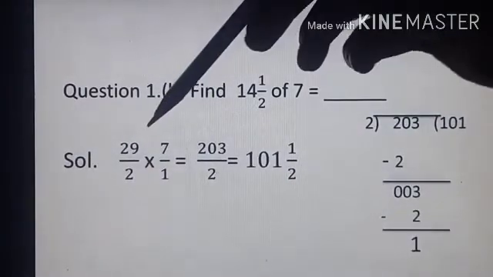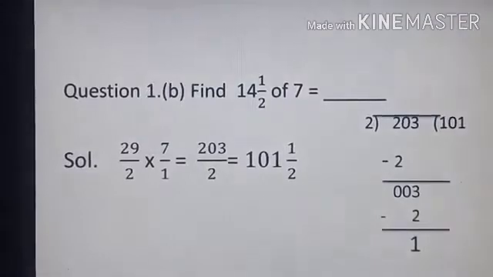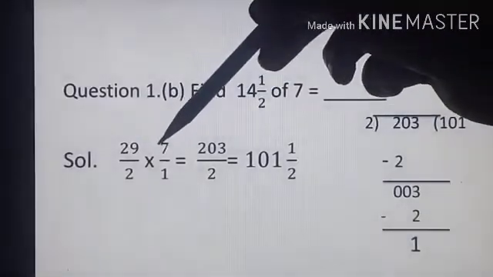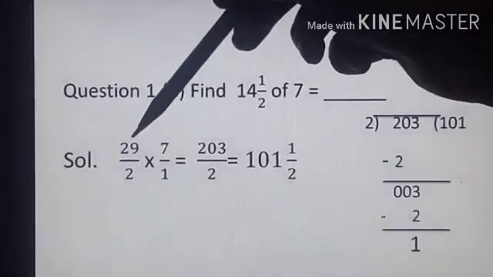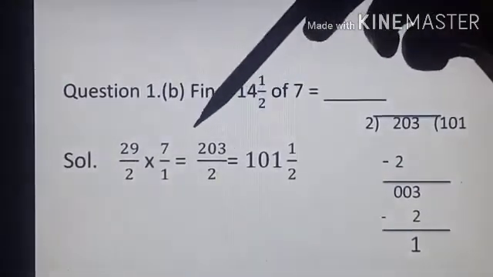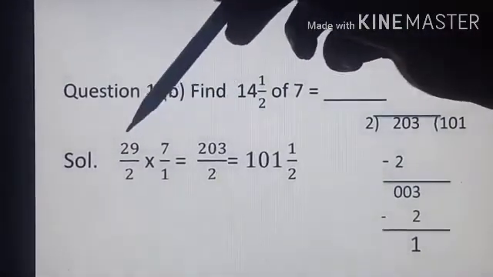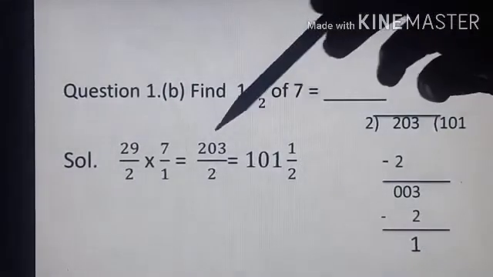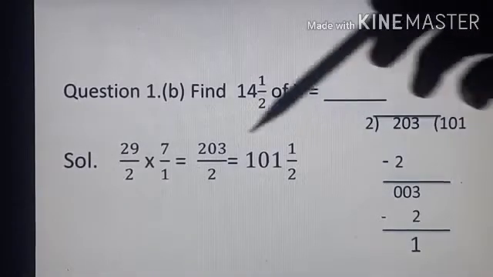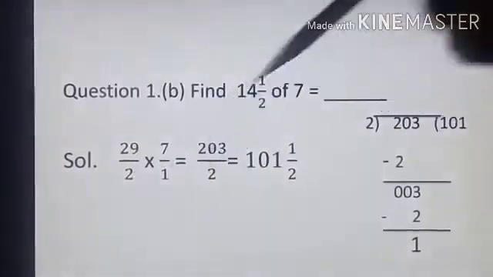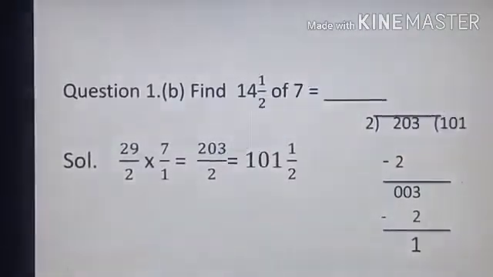So we will multiply 29 sevens. 7 nines are 63, 3, then 6 will be carry. 7 twos are 14, 14 plus 6, 20. So 203. If you have not done it orally till now, then you can do it in rough column. 203, 2 ones are 2. So it is 203 upon 2.